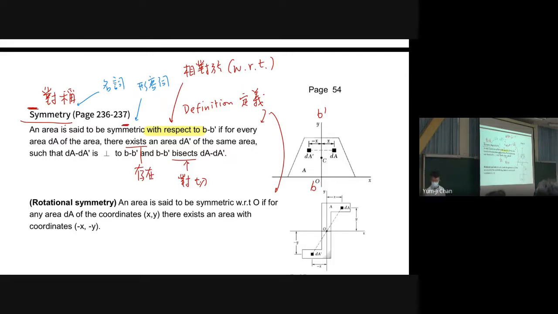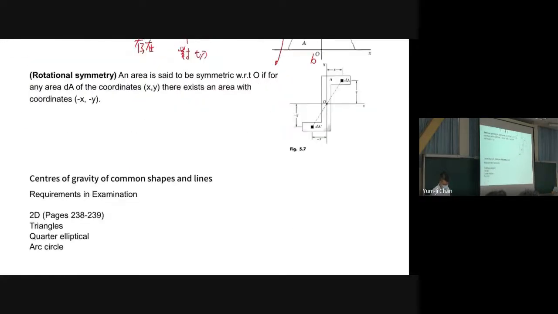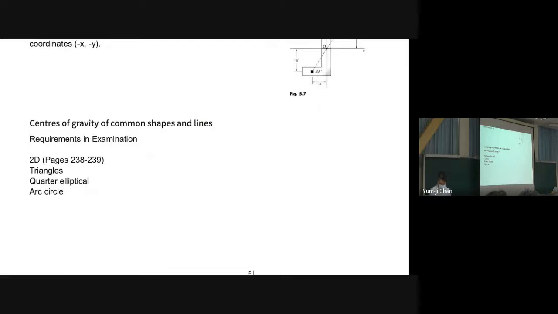Now, before we end the class today, let me talk about some very practical things: the center of gravity, or centroid, of common shapes and lines.